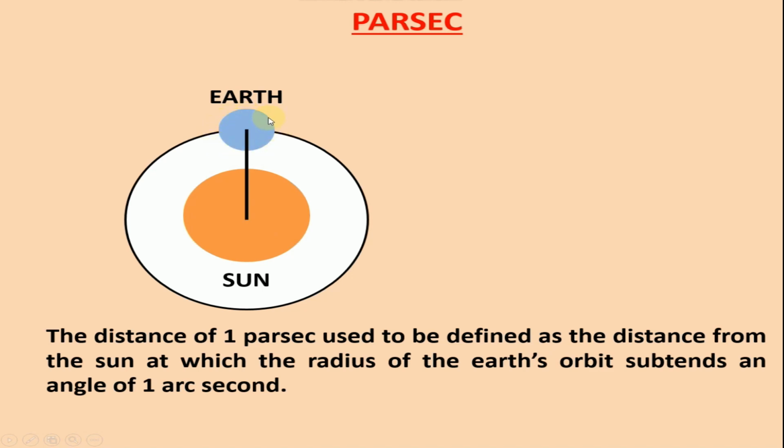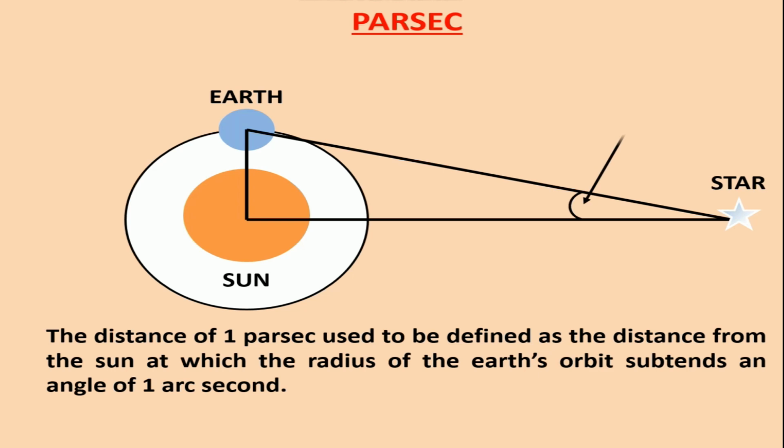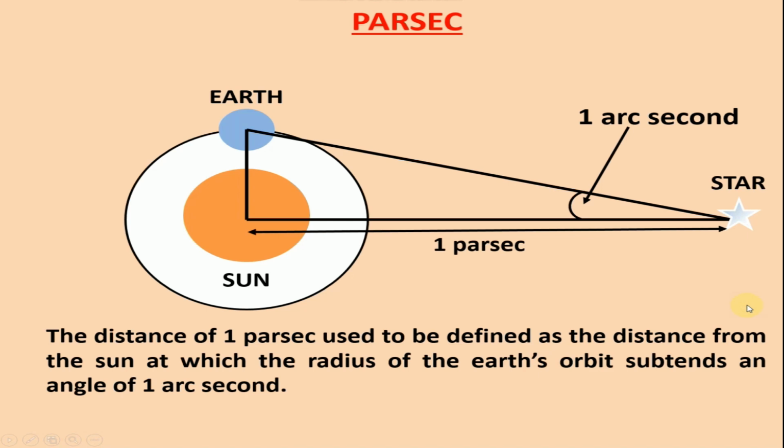In that condition, suppose there is a star somewhere and it is subtending an angle of 1 arcsecond. That means if we draw an angle with the radius of the earth's orbit, then that angular value should be 1 arc second. Then the distance of the star from sun is called 1 parsec.